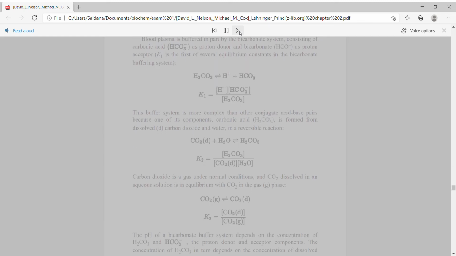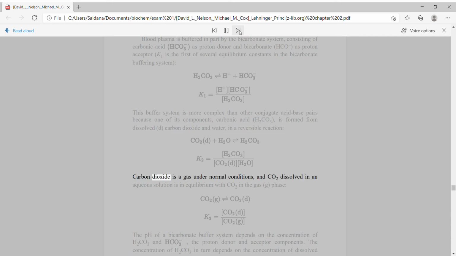Blood plasma is buffered in part by the bicarbonate system, consisting of carbonic acid as proton donor and bicarbonate, HCO3-, as proton acceptor. K1 is the first of several equilibrium constants in the bicarbonate buffering system. This buffer system is more complex than other conjugate acid-base pairs, because one of its components, carbonic acid, H2CO3, is formed from dissolved carbon dioxide and water in a reversible reaction.